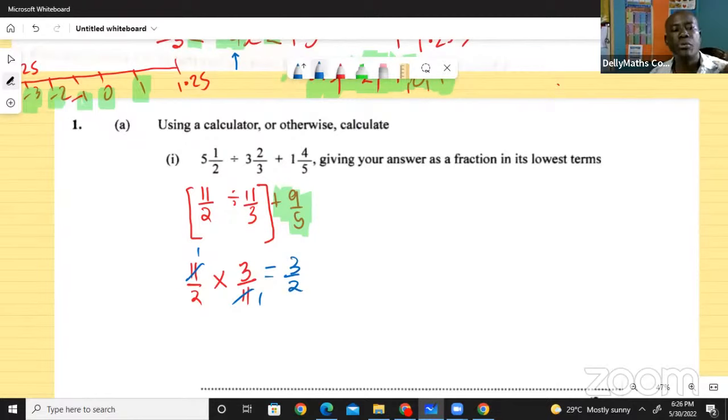So I have 2/3 being added to 9/5. Remember, when you're adding fractions and the denominators are different, we're going to have to use what is called the LCM.